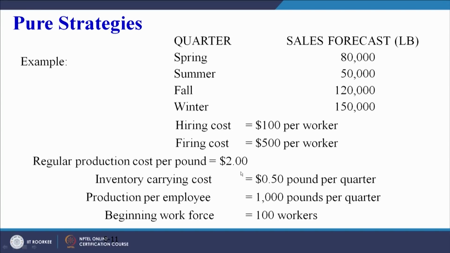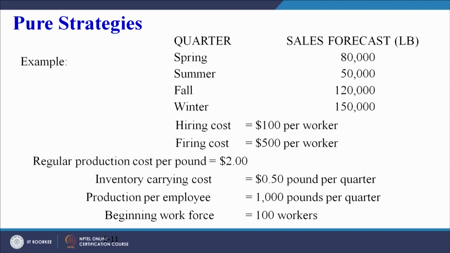Inventory carrying cost is also available, 50 cents per pound per quarter. Capacity constraints are also given: every employee can make 1,000 pounds per quarter only. And the beginning workforce is also given, a workforce of 100 people.